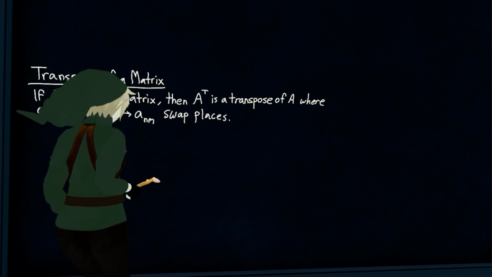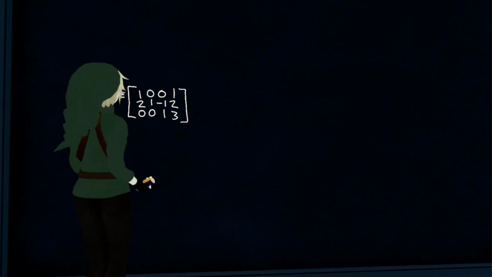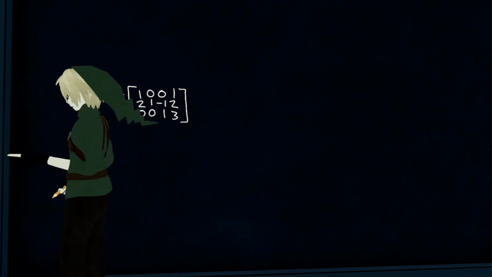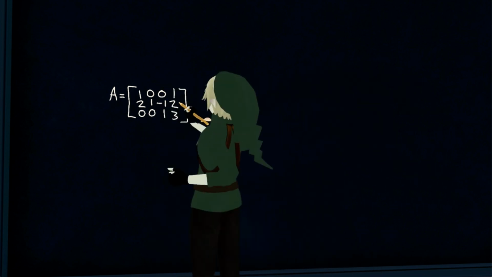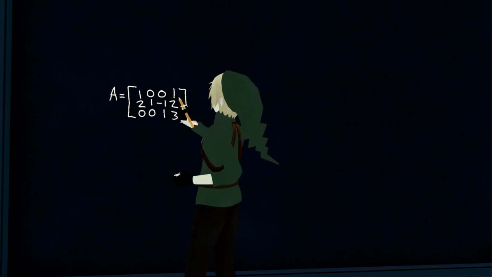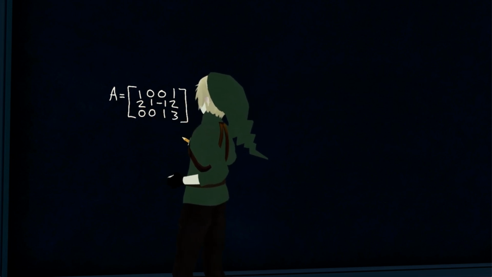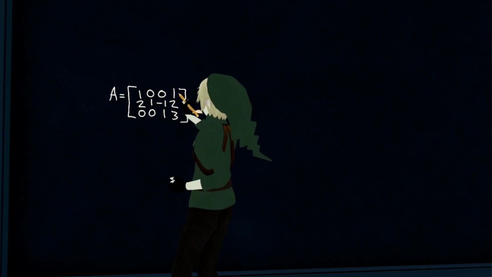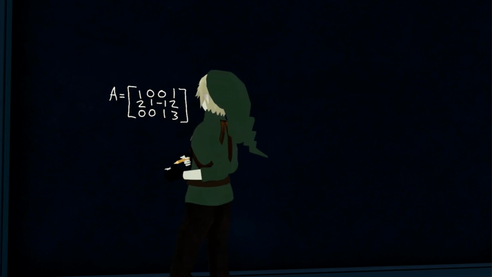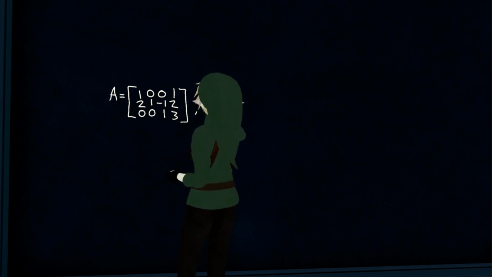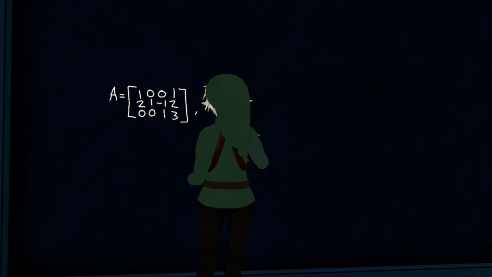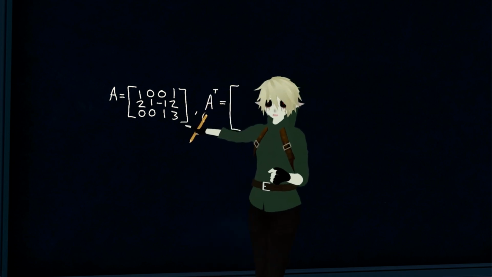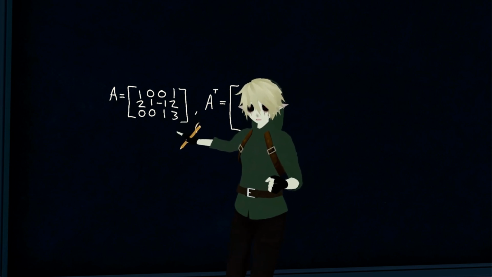So let me go ahead and quickly demonstrate that. We have a matrix like this. Okay, so what that means is we'll be swapping this. Each row will become our column, and each column will become our row. So what that would look like is the transpose of A. Because this is a 3x4 matrix, it's going to become a 4x3 matrix.